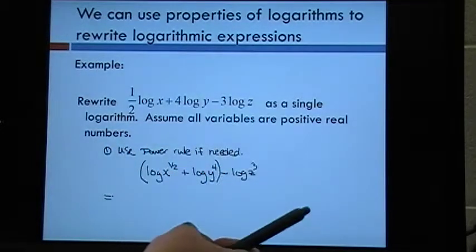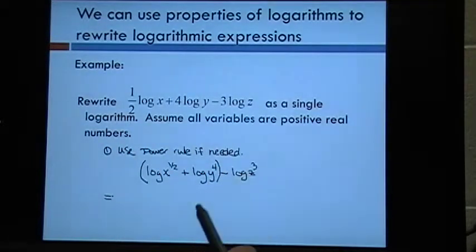If the term is negative, it's going to end up being a factor of the denominator. So I use my product rule or my quotient rule as needed.